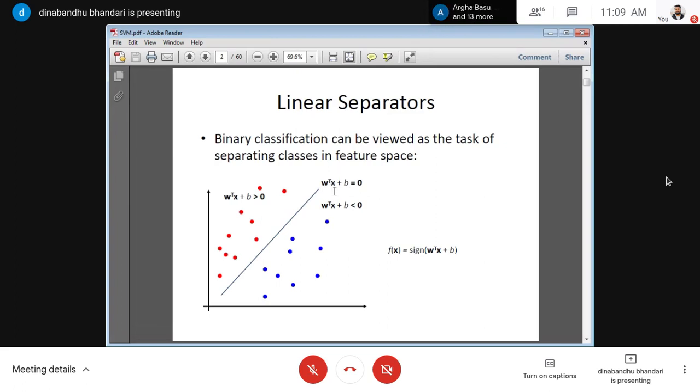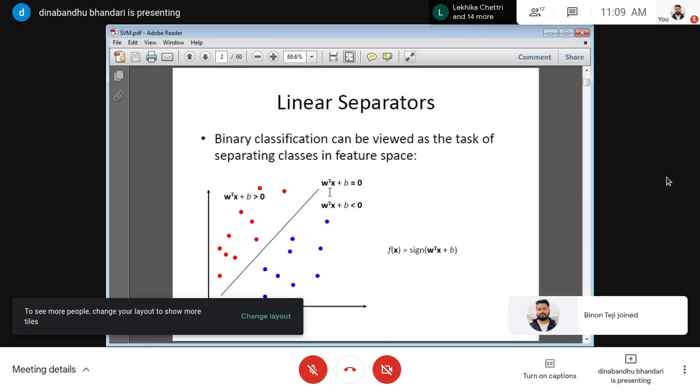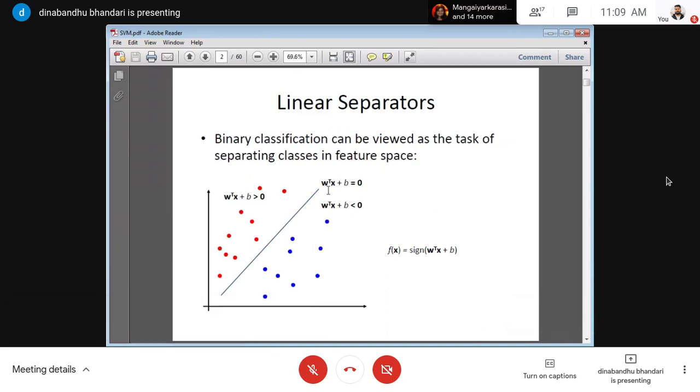We have excluded the dummy variable. X is d-dimensional, meaning this X vector has X1, X2 up to Xd. So W is also a d-dimensional weight vector of parameters. It's like, if you have an equation like AX plus BY plus C equal to 0, it is written as W1 X1 plus W2 X2 plus B equal to 0.